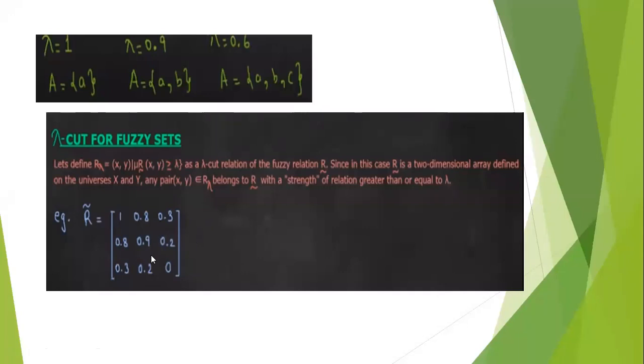So you can write your R matrix when lambda is equal to 0.2 in this fashion: 1, 1, 1, and this will remain as it is, 0.